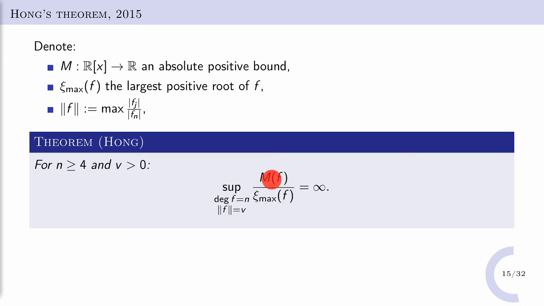So the ratio of the bound over the maximal root can be as bad as possible. So this result of Hong is very pessimistic. It means that for every bound there is a polynomial for which this bound doesn't really work well.